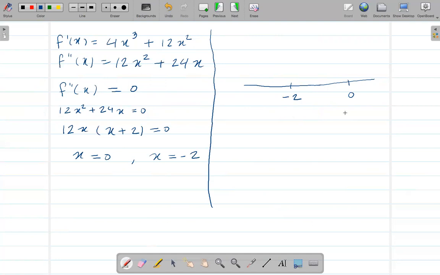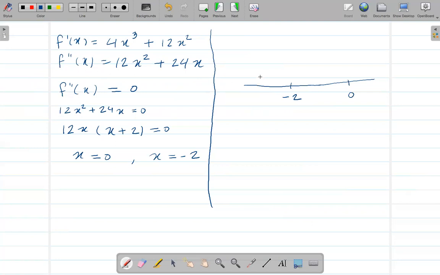Just like we did for increasing and decreasing, take any points in this interval and plug that into f double prime.